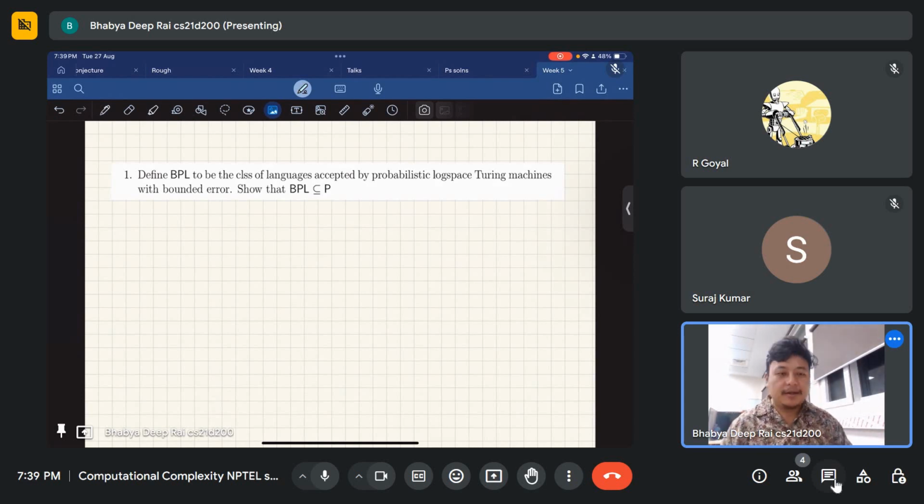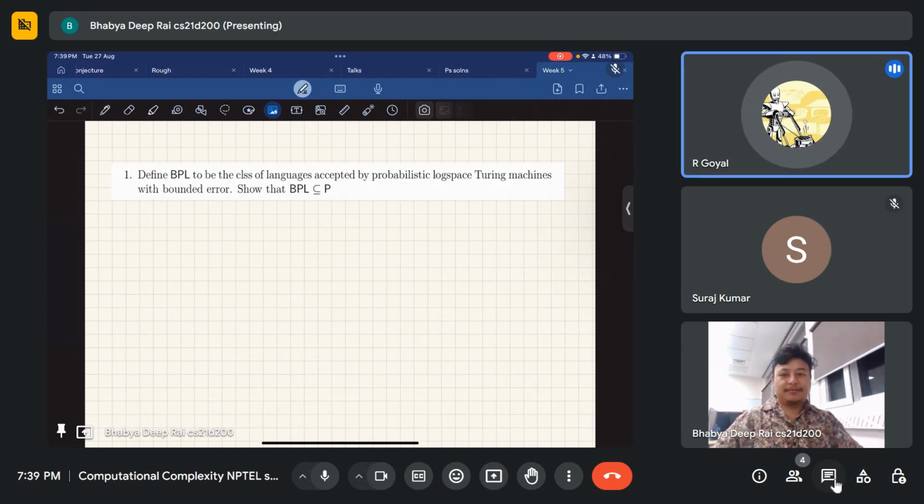Yeah, hi. So, any idea? Yes, since L is contained in P, therefore this BPL class would also belong to P, because it's a bounded error case.